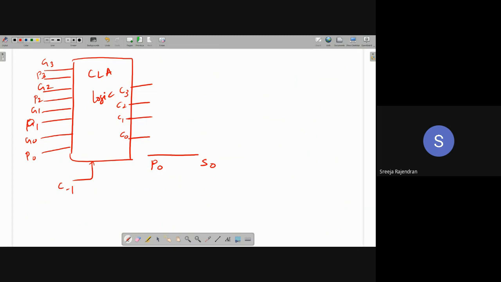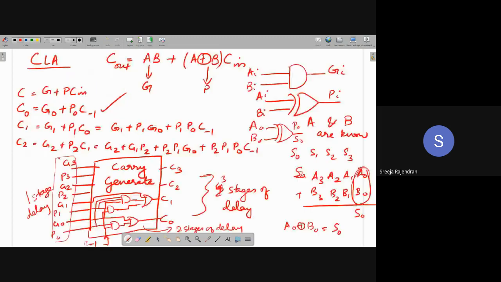Now what will be the next sum? If I go back to the previous page, you see, the next sum is going to have some carry coming in, no? C0. Yes or no? The carry can be either 0 or 1, but there is a carry coming into the next bit. So now I have to do this and this, right?